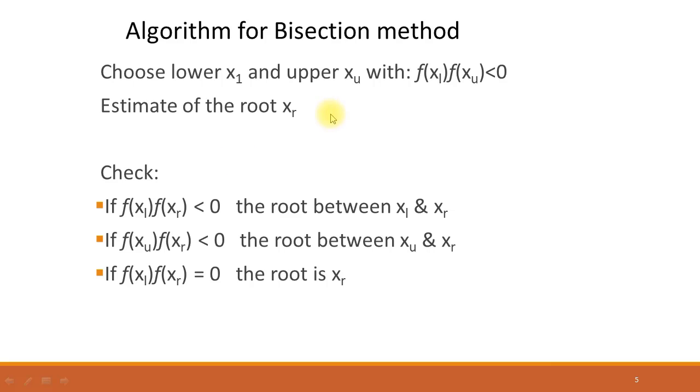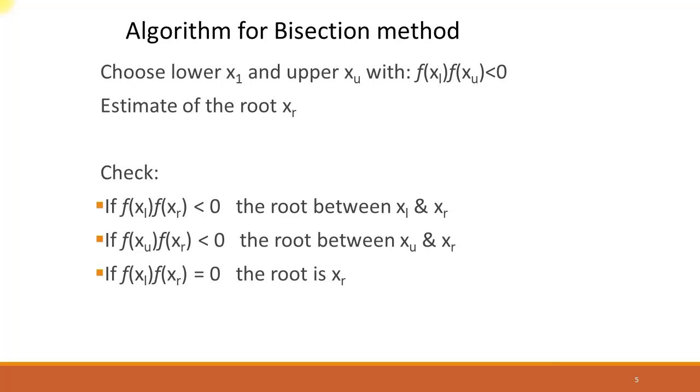For example, here we have two points xl and xu, and we need to find the next root x1. How to find x1? Check the sign of the function at xl and xu. If the function has opposite signs at xu and xl, then (xl + xu)/2 gives the next root x1. Then how to find x2? Check the sign of the function at the previous three points. For x2 we have already calculated xl, xu and x1.